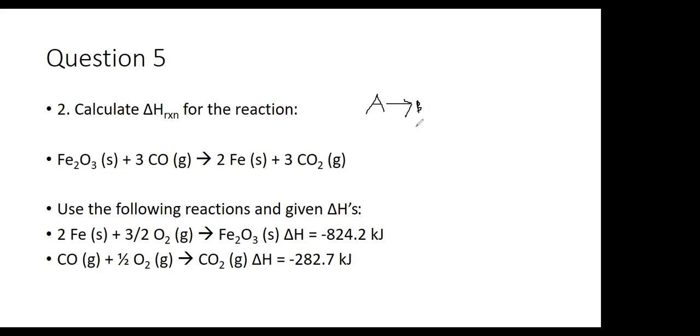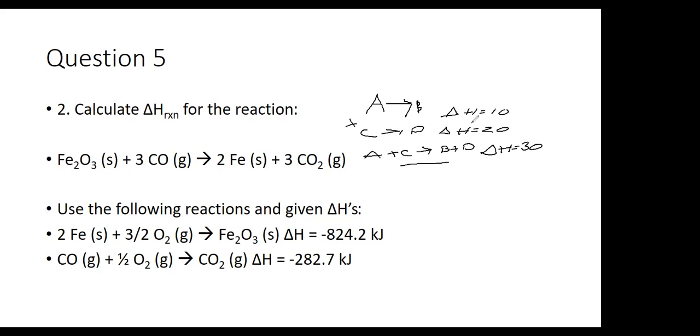If A going to B has a delta H of like 10, and then C going to D has a delta H of 20, and I combine these two equations to say A plus C goes to B plus D, to figure out the delta H of this new equation, you just add the delta H's of the separate equations.